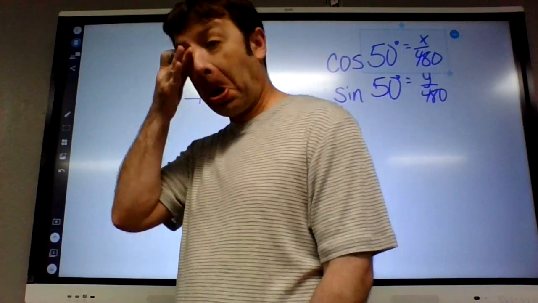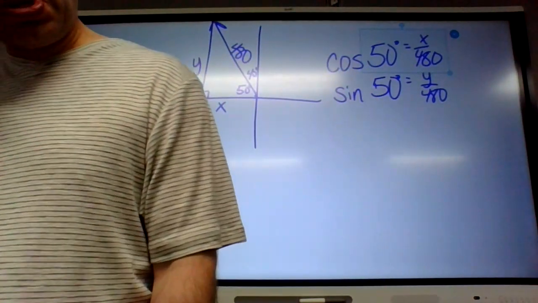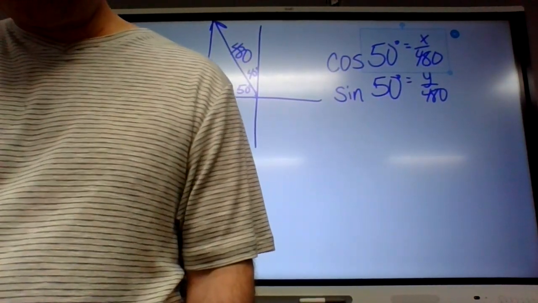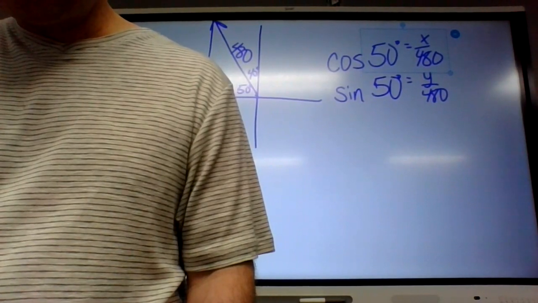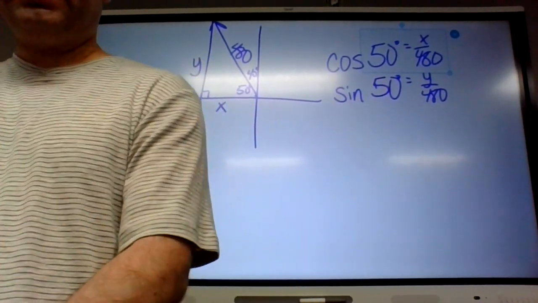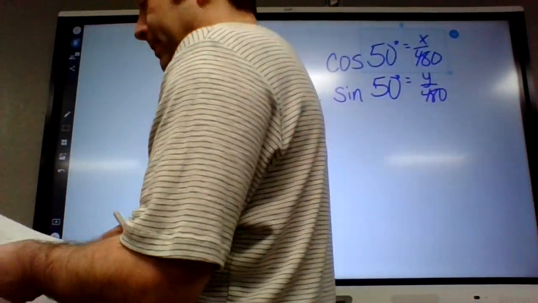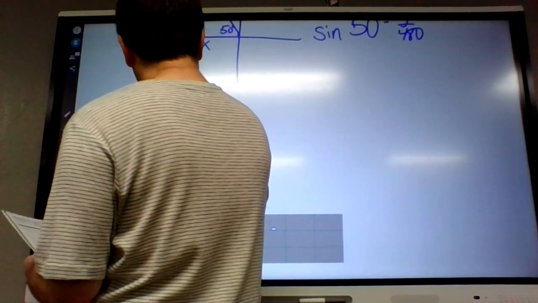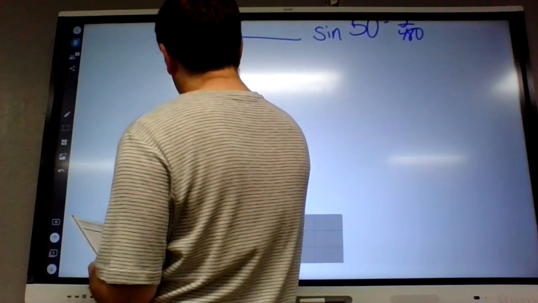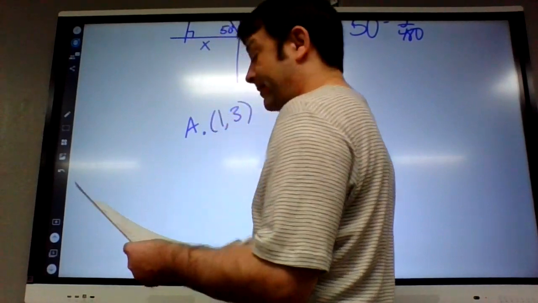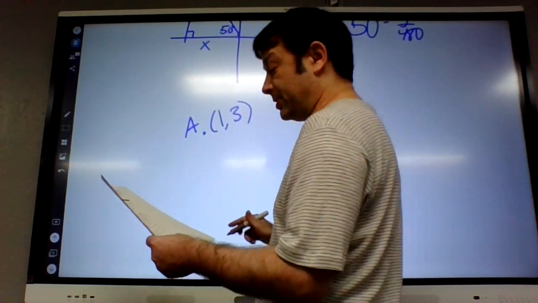Who's gonna pass that? You guys remember this one? Okay, A is at 1, 3. So when I did these, I never worried about the graph too much because it's kind of a side point.